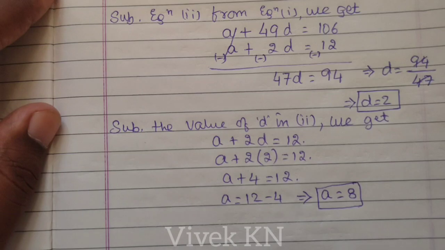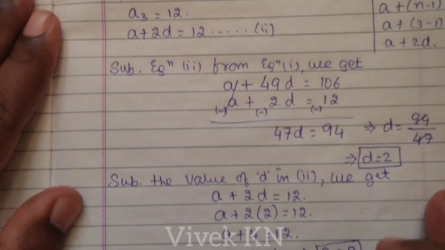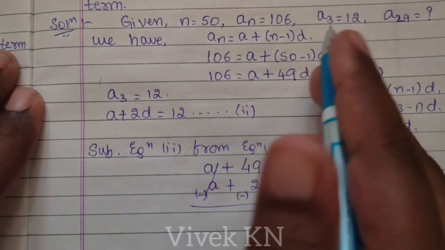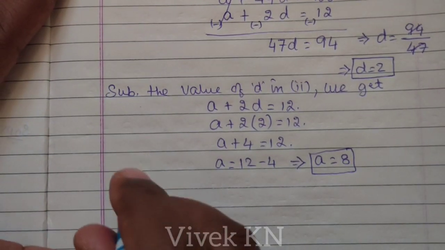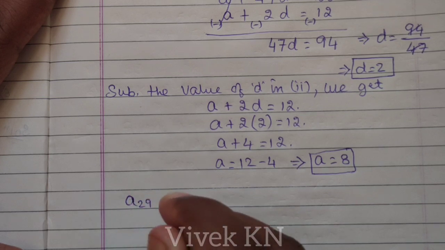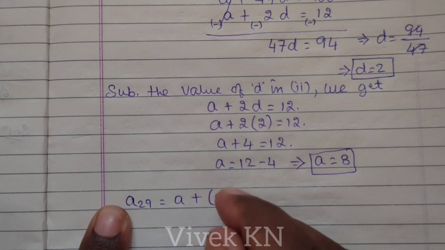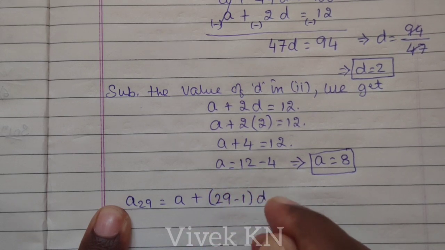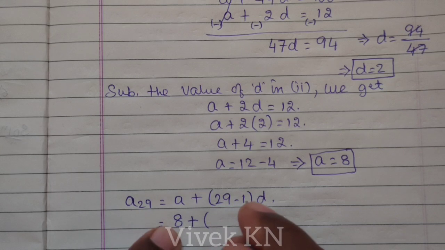Now, by knowing the value of A and the value of D, we can easily get the value of 29th term. That is A29 is equal to A plus value of n, 29 minus 1 into D, is equal to value of A is 8 plus 29 minus 1 is 28.